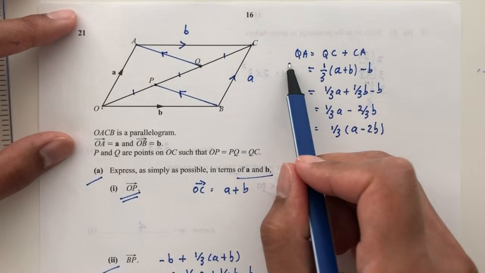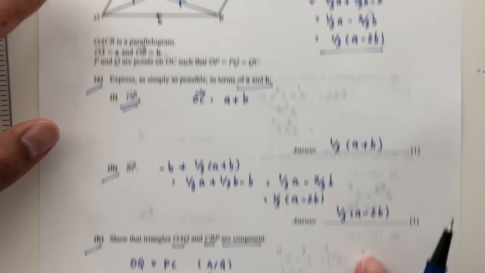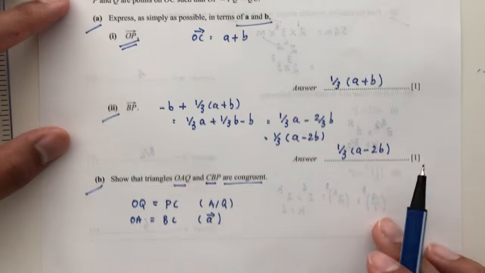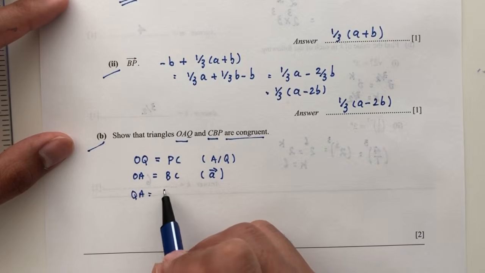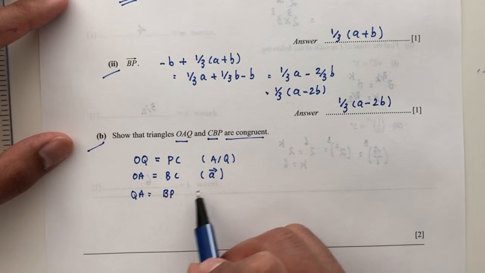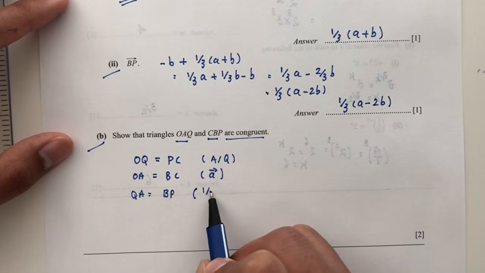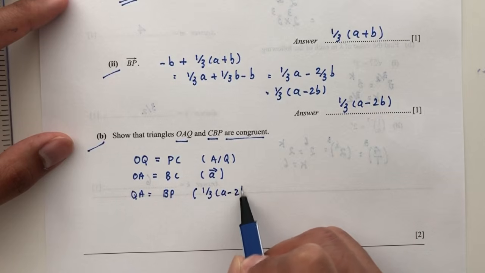So from this you can see QA is also equal to BP. So write down QA is equal to BP, which is equal to 1/3 of A minus 2B.